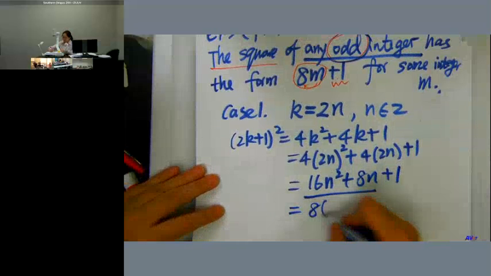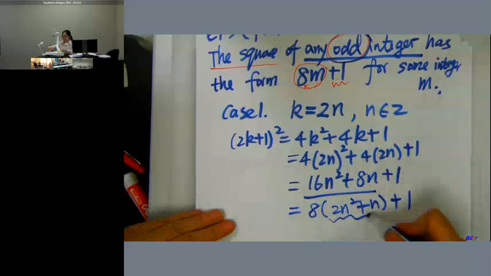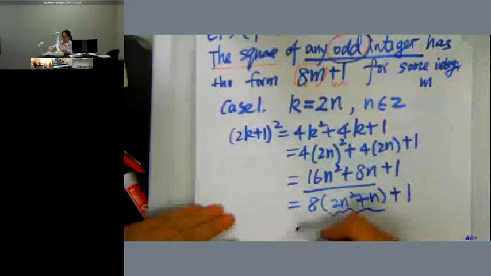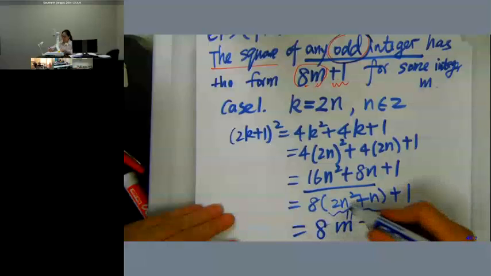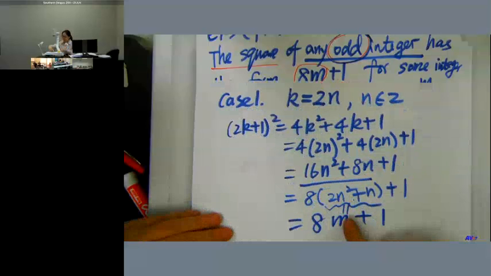Yes. So we get 8 times 2n squared plus n, plus 1. And this will be the letter m they want. So this will be my m, which is 8 times m plus 1. So that m is 2n squared plus n. So that's the reason I try to use a different letter, so I won't end up with m equals 2m squared plus m, right?